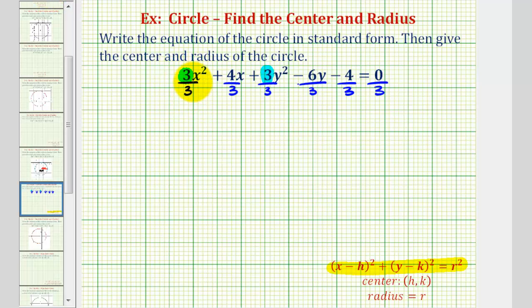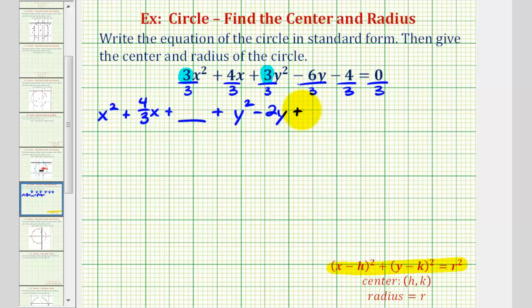So the first term would be x squared plus 4/3 x. And now we're going to add a constant here to make this a perfect square trinomial. We'll find this constant in the next step. And then we have plus y squared, and then we'd have minus 2y.